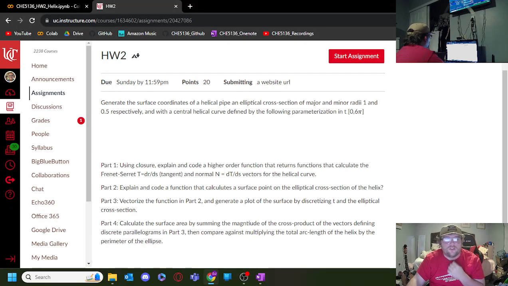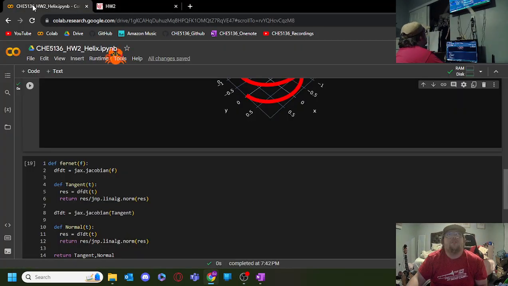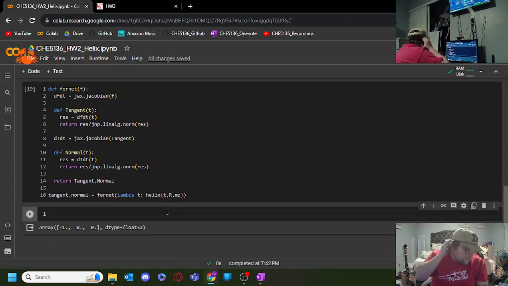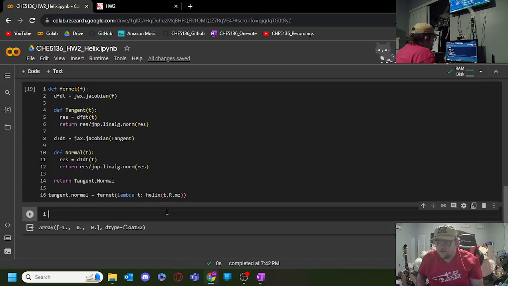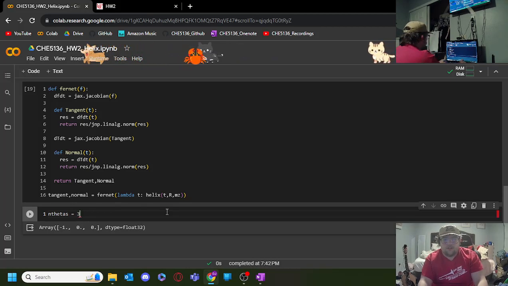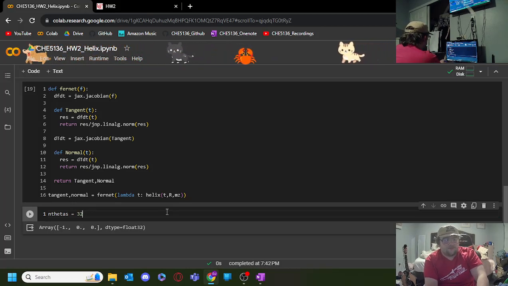So if we go back to our Colab, we can view that using Plotly and JAX again. So to start, what we want to do is set the number of thetas we want to calculate or pass through first. So let's set that at 32.